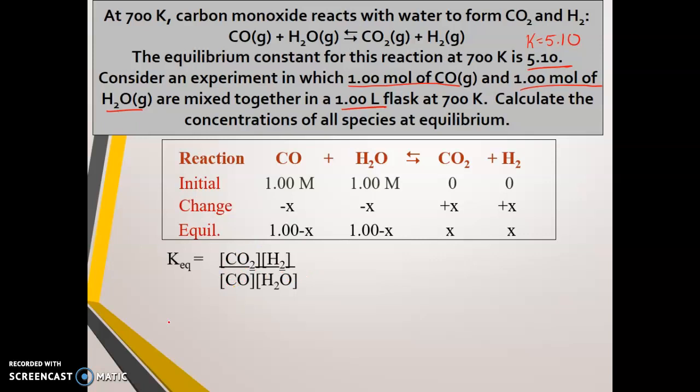So now I have my equilibrium expression, I have my RICE table set up. Now I'm going to plug in this line, the equilibrium line.